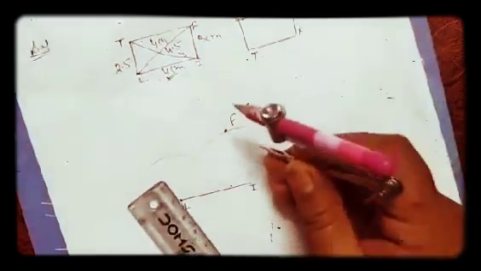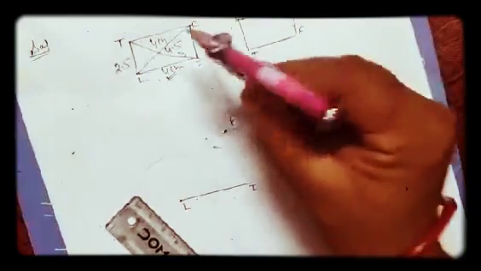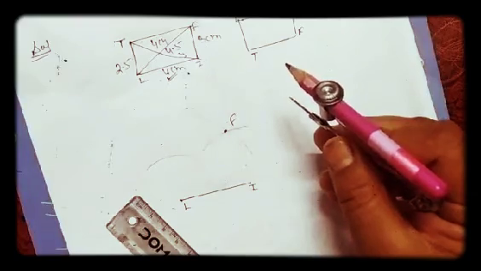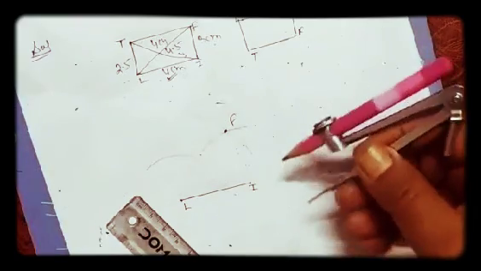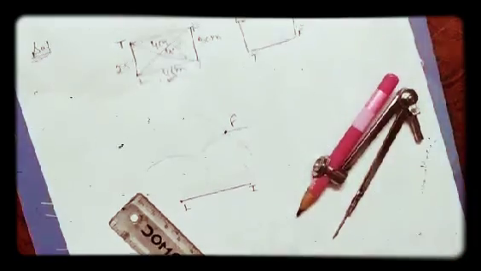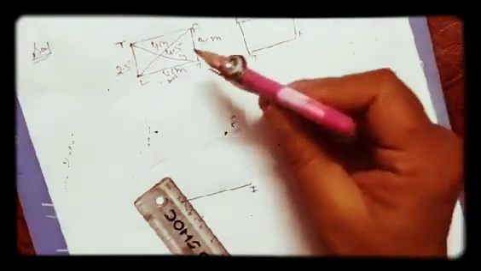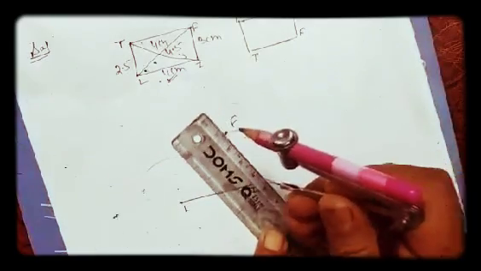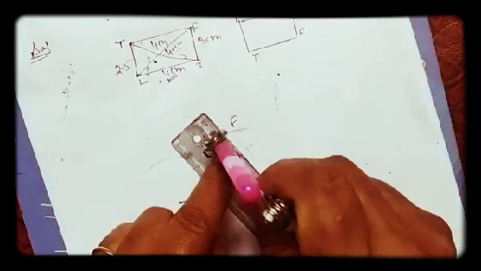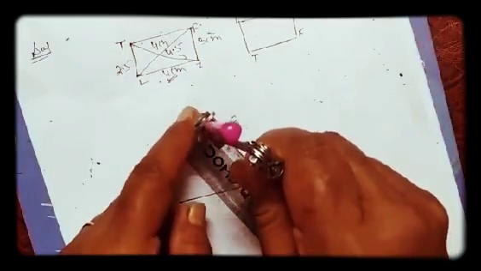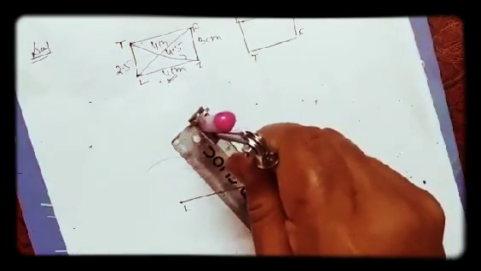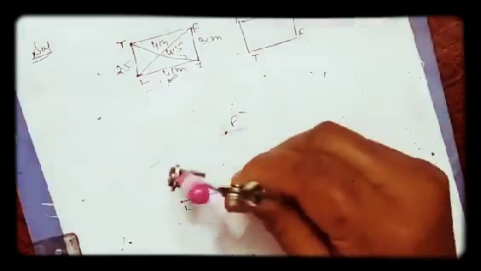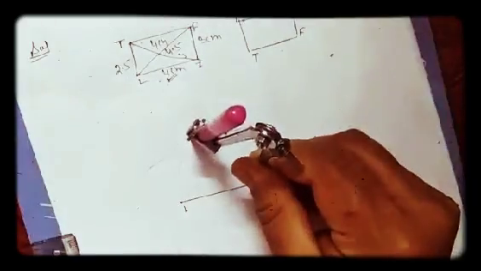Now from I to T, that is 4 centimeter. From this we will locate 4 centimeter with the help of this compass. Now from I to this it is 4 centimeter.